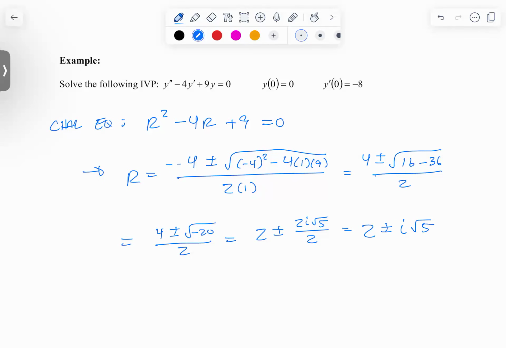So 2 plus or minus i root 5, and simplifying this one down.